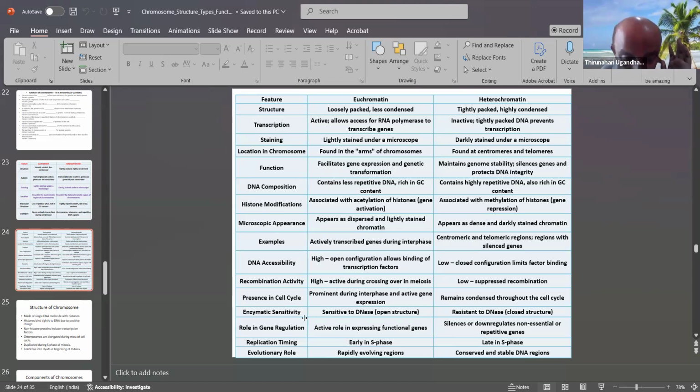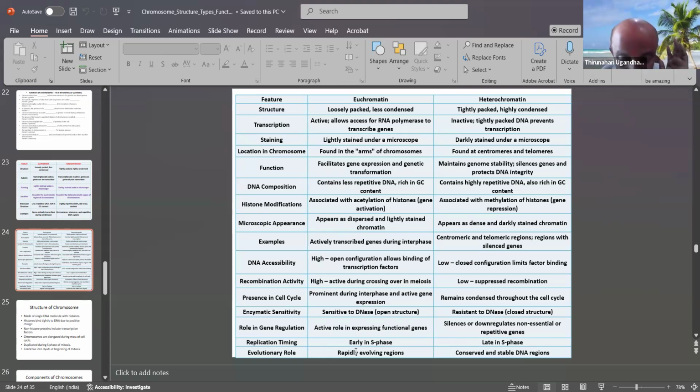Enzymatic sensitivity: euchromatin is sensitive to enzymes because of its open DNA structure, while heterochromatin is resistant because of its closed DNA structure. Role in gene regulation: euchromatin has an active role in expression, while heterochromatin silences and down-regulates the non-essential parts of the chromosomes.